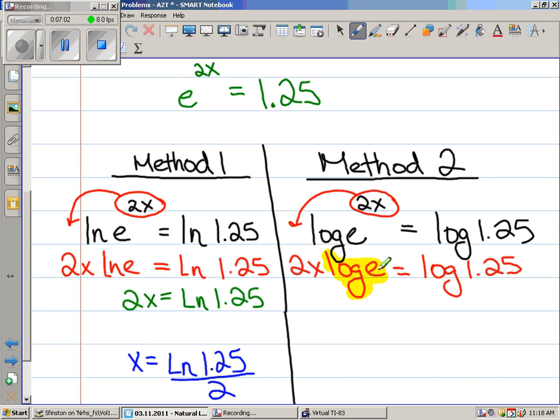So in method 1, the ln of e automatically disappears as just 1. If you choose to go the log route, you actually have to divide both sides by the log of e.